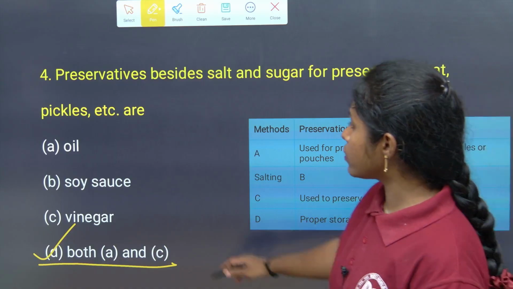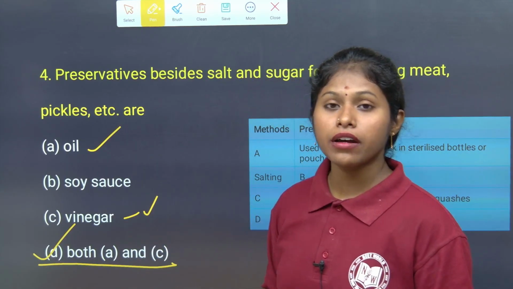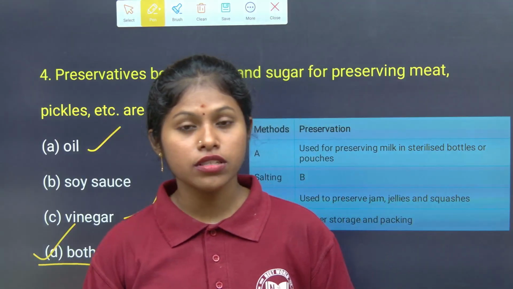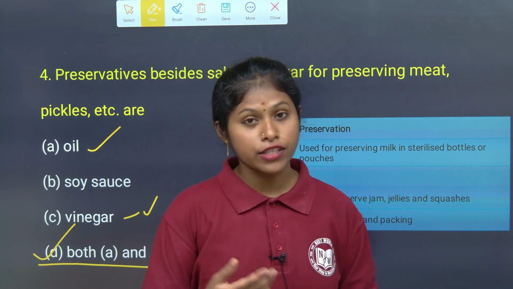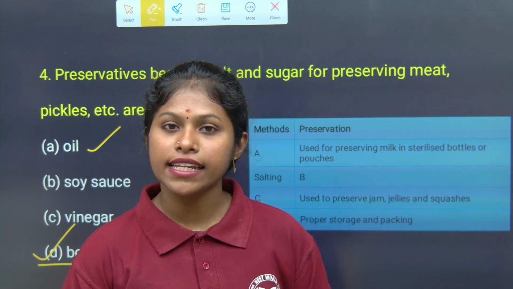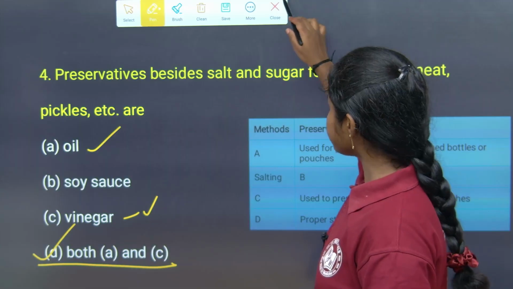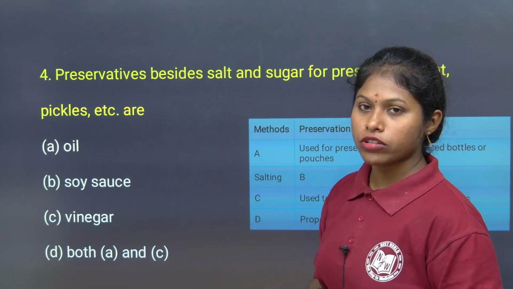Vinegar is obtained from the fermentation process with the help of aerobic bacteria, in which vinegar is produced. Vinegar is nothing but acetic acid. It comes from alcohol. Right, children? This is the fourth question.